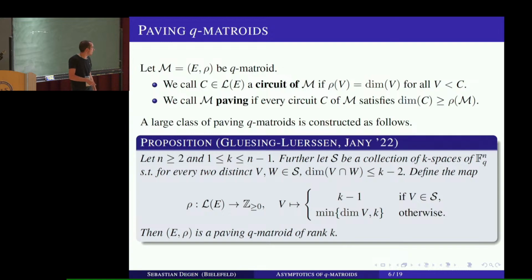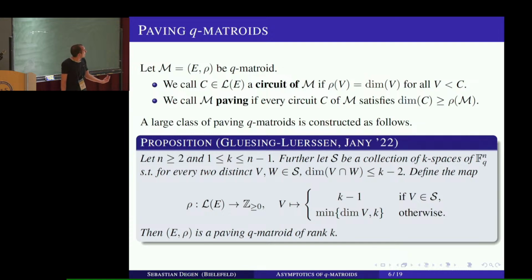Using this, we can define this slightly technical rank function, and it turns out that it satisfies the three rank axioms and therefore gives us a q-matroid of rank k. But not only that, this q-matroid is also paving because the circuits are all the spaces in S and higher dimensional spaces. Okay, so this is the first class we want to look at.